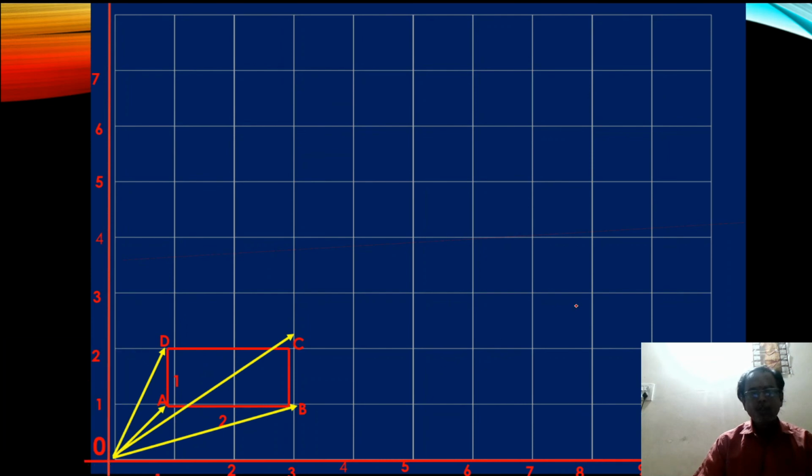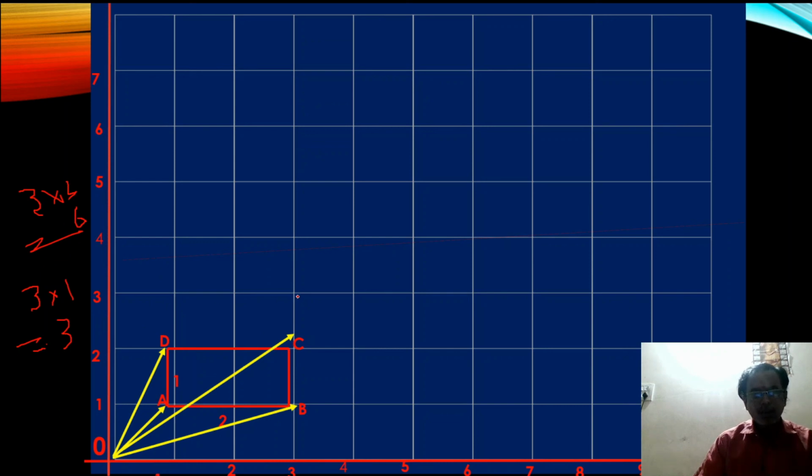Already we have 2 units, so we have to multiply 2 with 3. 3 into 2, we get 6, and also multiply 1 by 3. That's why the length becomes 6 units and the breadth becomes 3 units.